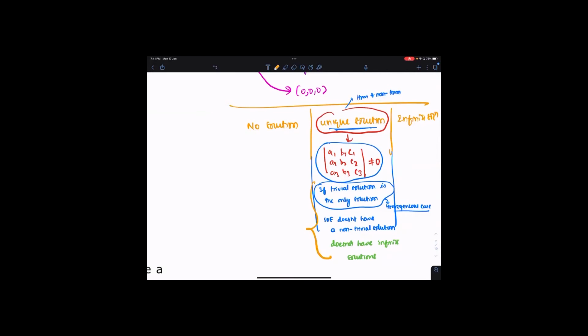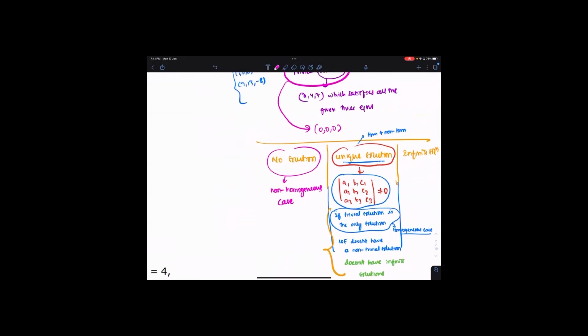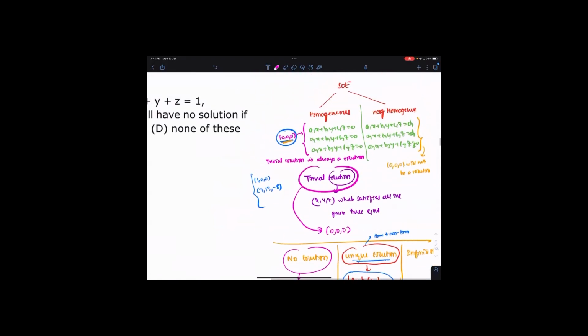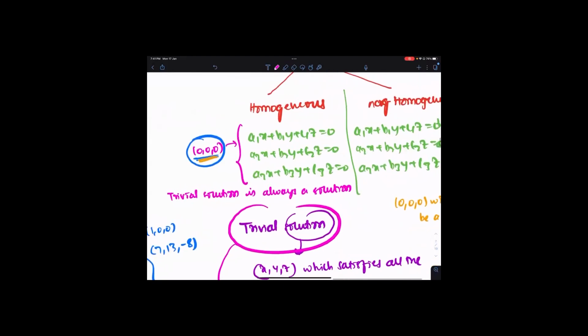Now, the doubt will come mainly with no solution. This question will arise only in the non-homogeneous case. This no solution situation will not arise in the homogeneous case. Why? In homogeneous, definitely 0, 0, 0 will be the solution.